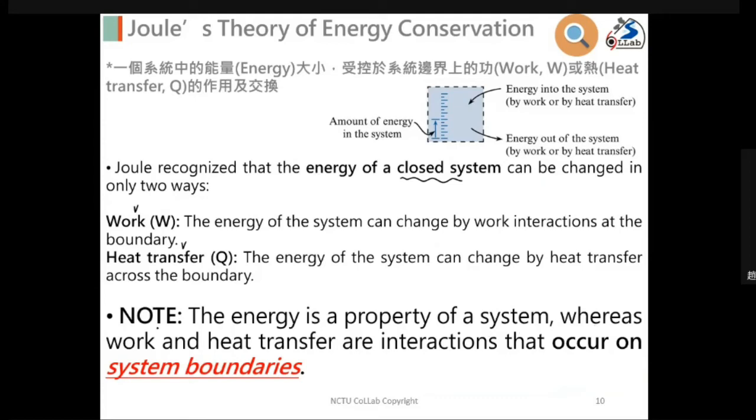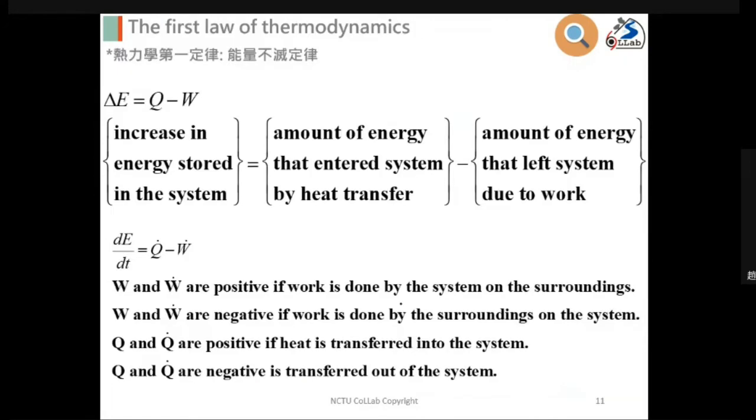We use W and Q. Note that energy is a property of a system, while the work W and the heat transfer Q are interactions that occur on system boundaries.